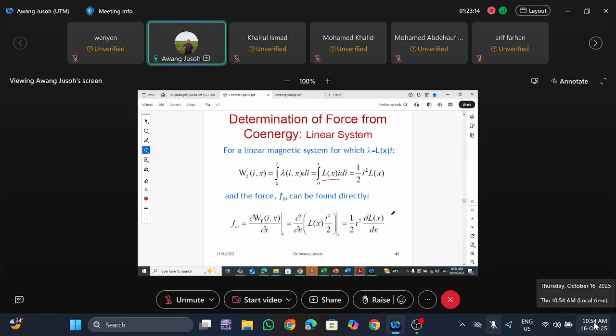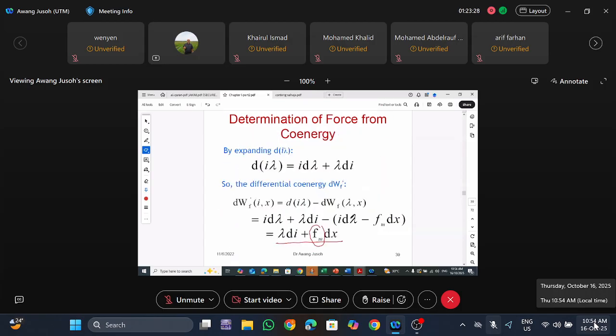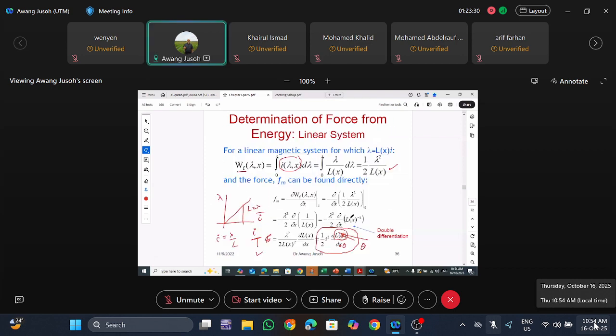Then you get this formula. So it's the same. You can see here, the force obtained from the co-energy equals half I squared dLx per dx. The force obtained from the energy is the same formula. Just now you got the same thing, right? Everything is similar.